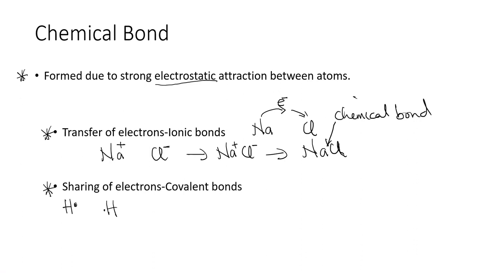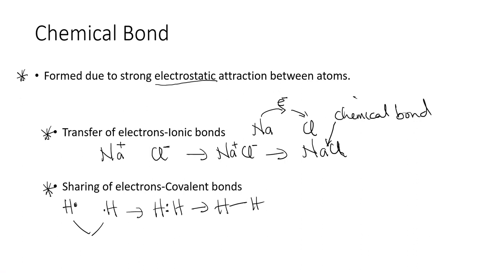What happens when you bring these two together? They'll be close together and they will decide to share electrons. One hydrogen will donate one electron and the other hydrogen will donate another electron. So this will result in a chemical bond.